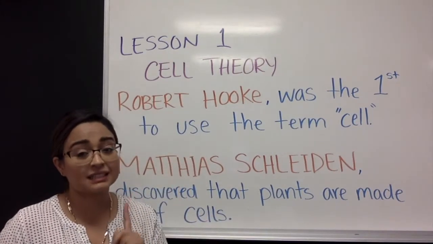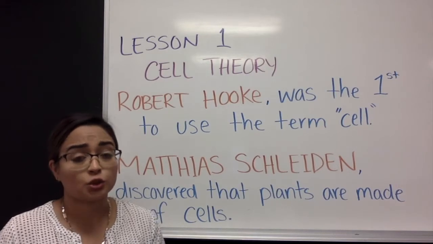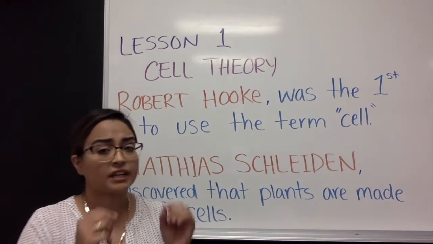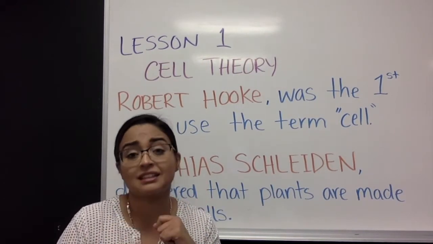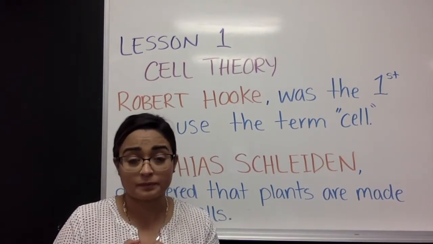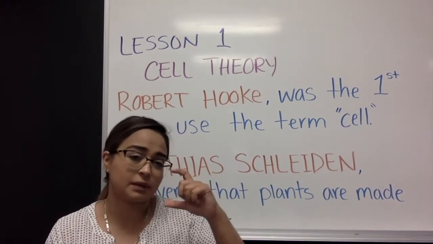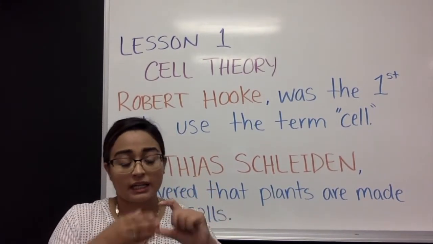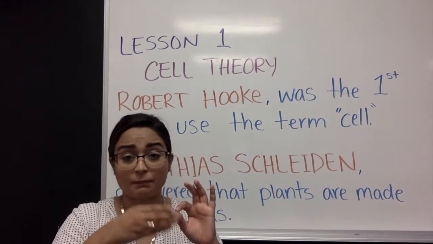In 1665, Robert Hooke decided to look through a microscope at very thin slices of cork. That means that he took a cork, like the ones that come in wine bottles, and he sliced it in very thin pieces.